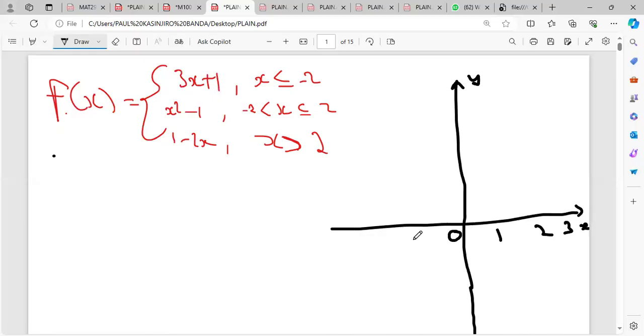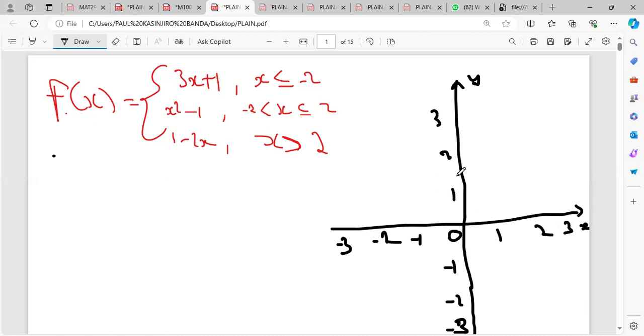On this side you can have minus 1, minus 2, then minus 3. Going down, minus 1, minus 2, then minus 3 like that. Then up, we do the same 1, 2, 3. Okay, so we've drawn our XY plane.